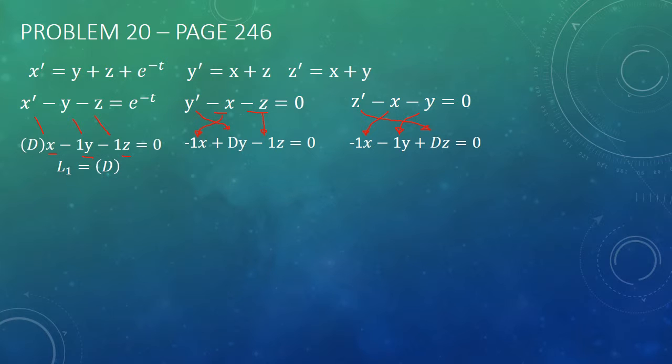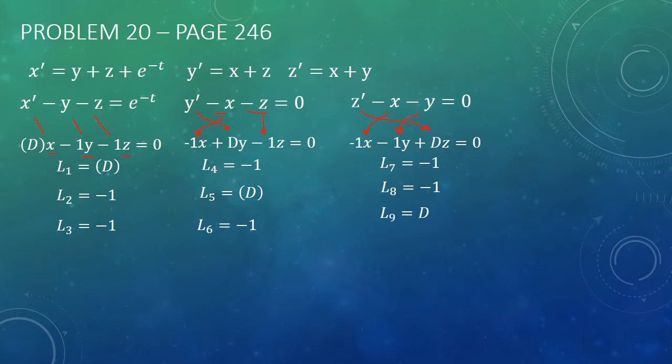So now I've got to find my L's. In this case, L1 is d, L2 is -1, L3 is -1. So it goes x, y, and z, 1, 2, 3. Now for my second equation, L4 is -1, L5 is d, and L6 is -1. So it's 4, 5, and 6. And this is going to be 7, 8, and 9.